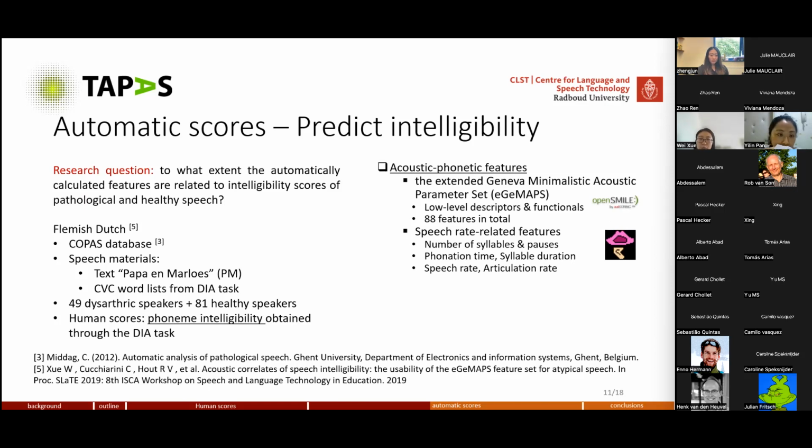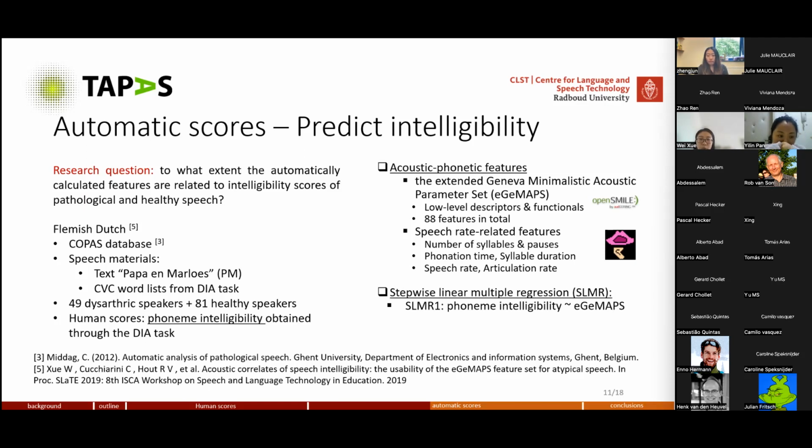In order to investigate the relation between speech intelligibility and acoustic features, we applied stepwise linear multiple regression. In detail, we first provide a 1-round regression to predict the phoneme intelligibility by using the eGeMAPS features.